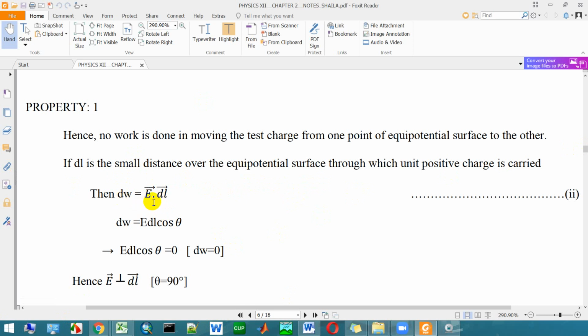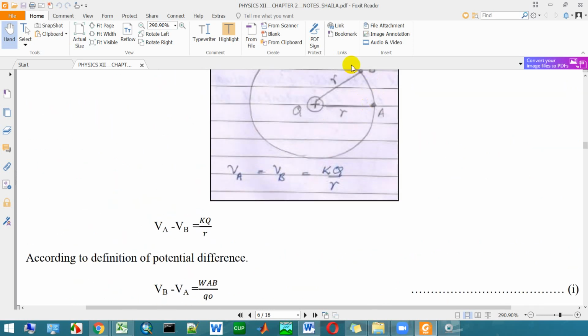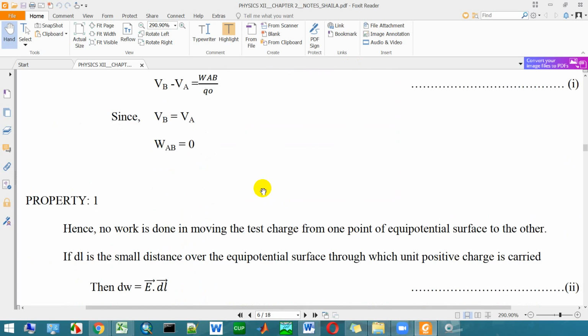Work done is a scalar quantity and it is the dot product of force and displacement, but force here is Q naught into E, and Q naught is the test charge which we take as unit positive charge. So that is why it comes out equal to E dot dl. So let this AB be equal to dl.